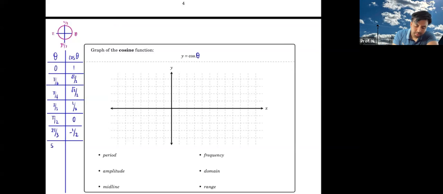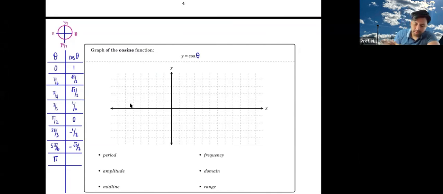And then the next angle here would be 5 pi over 6, which is 150 degrees. The reference angle pi over 6 gives rad 3 over 2, but I have a negative because I am in the second quadrant. So that's negative rad 3 over 2. And then when I get to pi, what is the value of cosine at pi? -1.